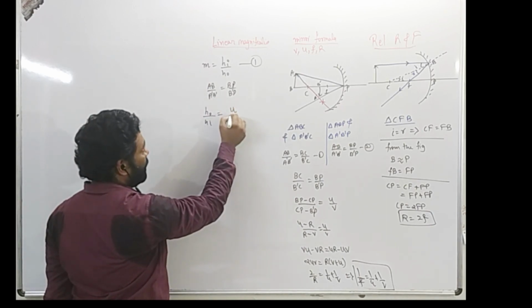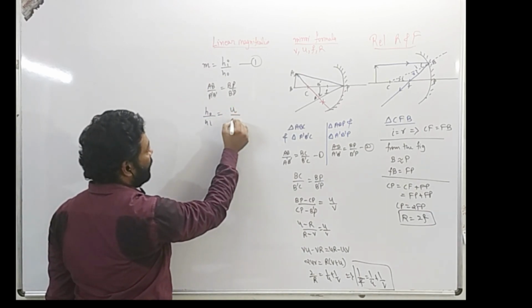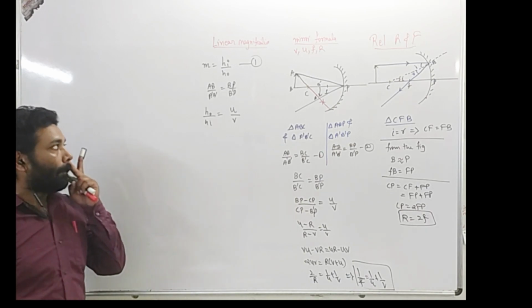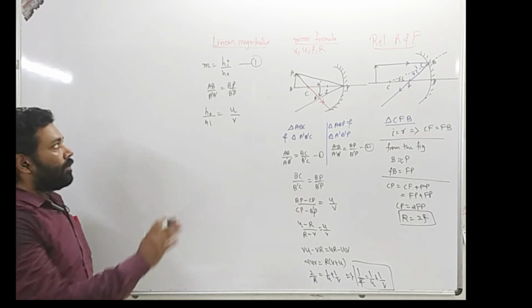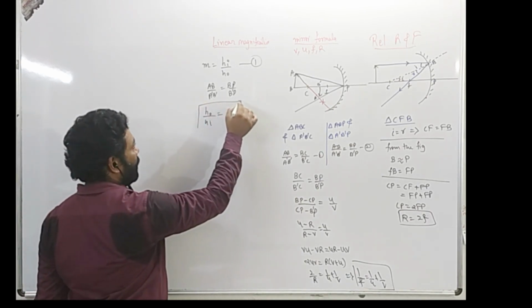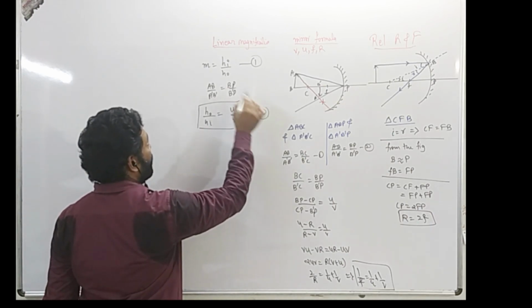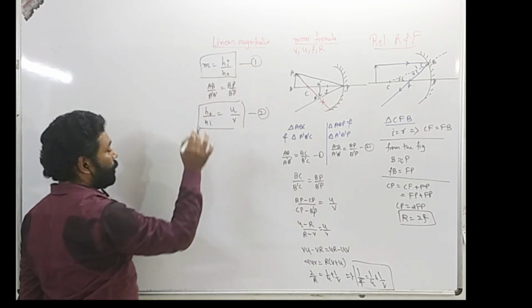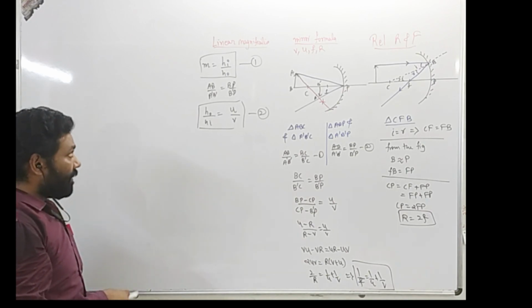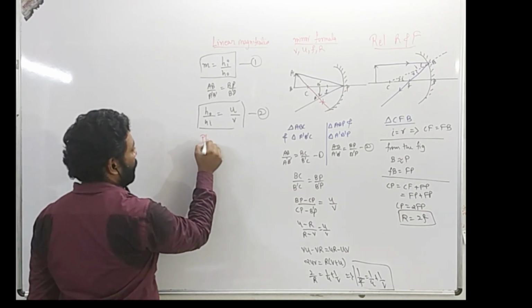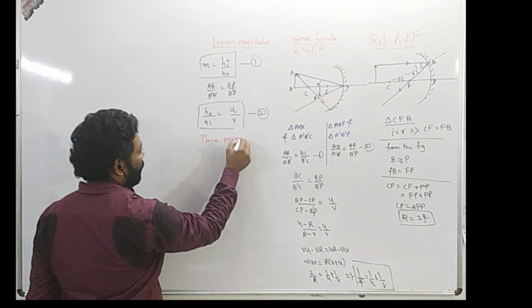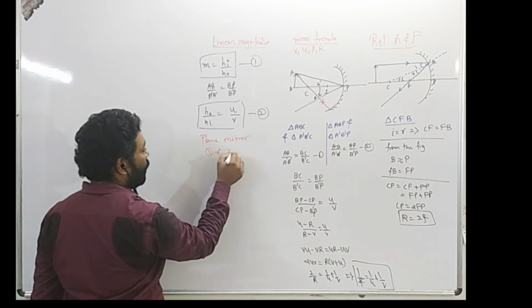BP is the object distance, and B dash P is the image distance V, right? So this is another relationship for the magnification. If you talk about the plane mirror, this relationship 1 and 2 holds good.